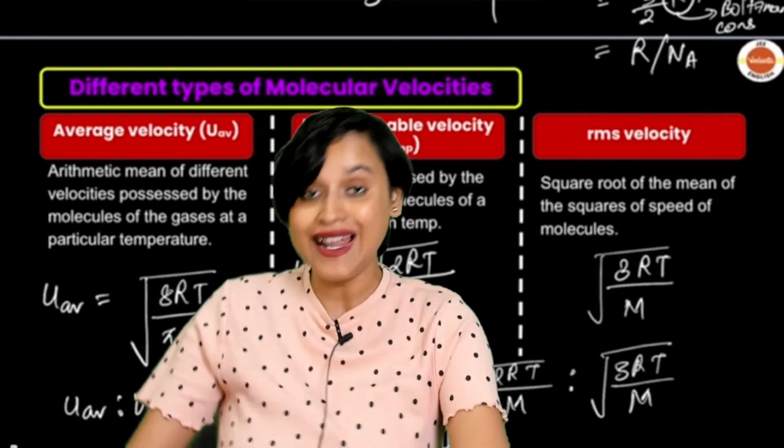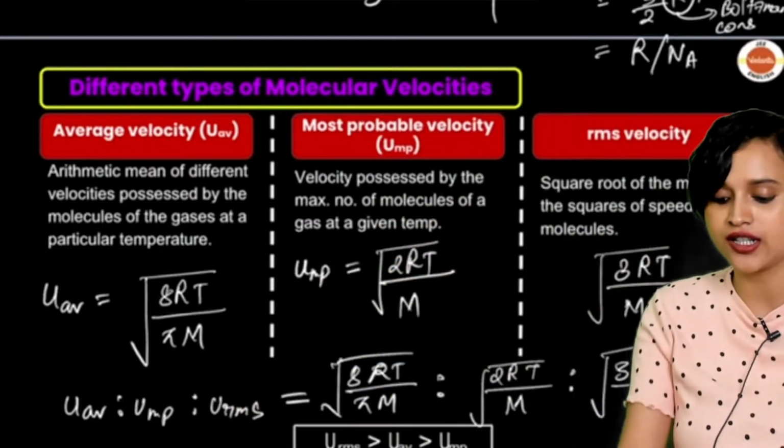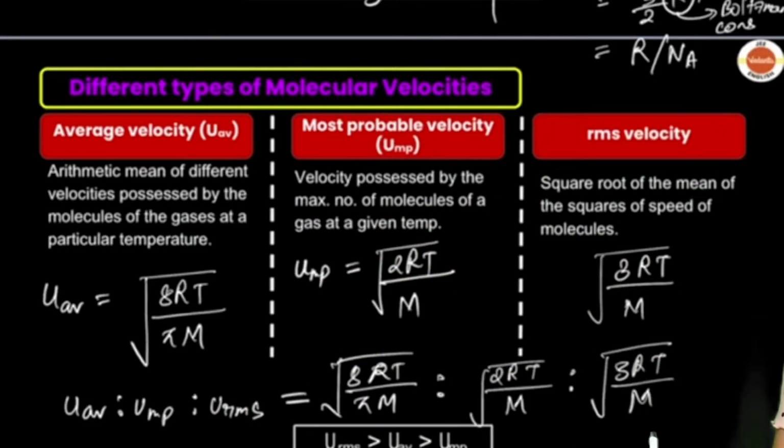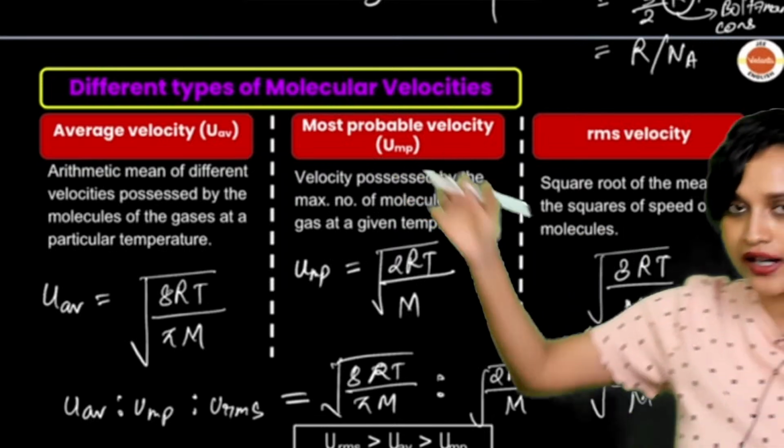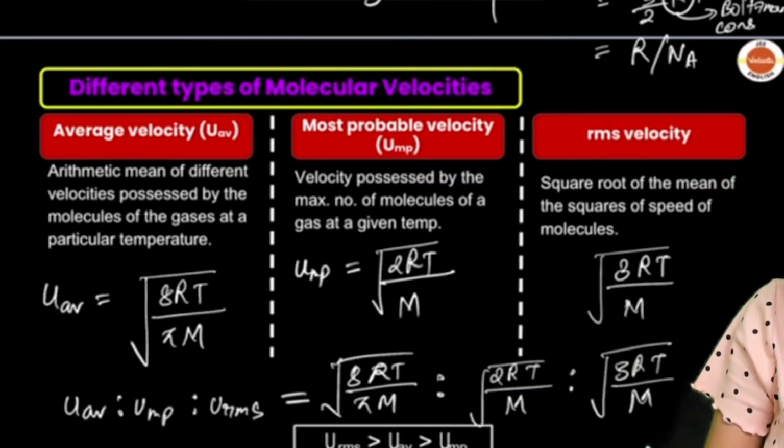Am I right? From here, I can cancel RT from everywhere. If I cancel RT from everywhere, then I can write this as root over 8 by pi.